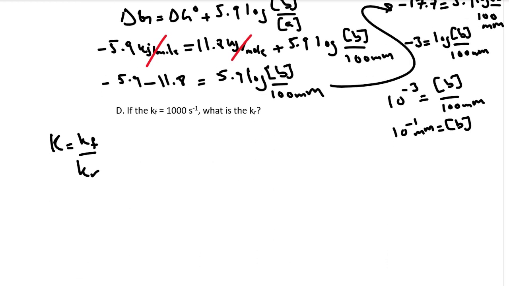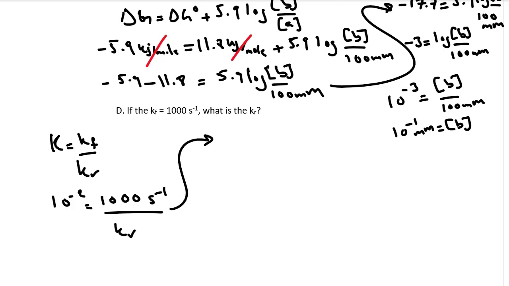So our K is 10 to the minus 2, so 10 to the minus 2 equals, and K forward we have 1000 per second over Kr, right? So now what we're going to do is multiply both sides by Kr. So we have, continuing here, 10 to the minus 2 Kr equals 1000 per second.